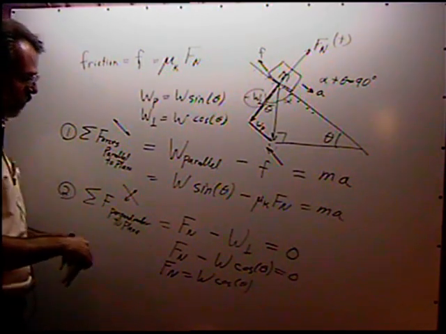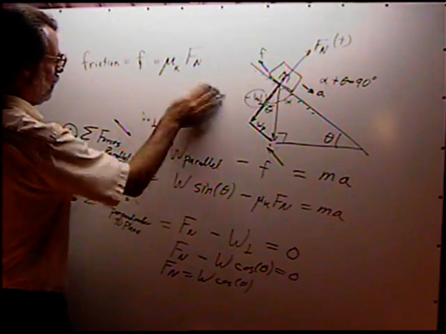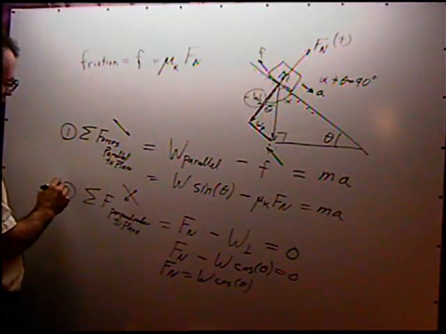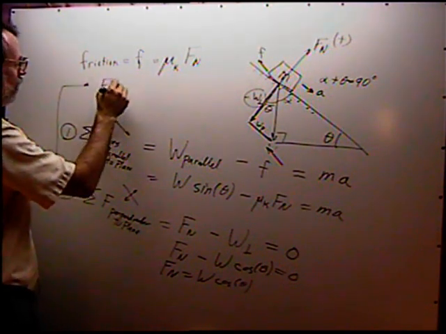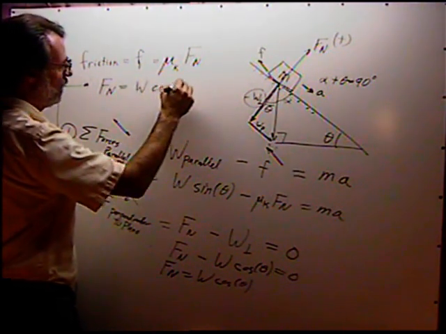Okay? So I'm going to erase this right here. The second equation allows us to solve for the normal force because we now know that the normal force is equal to the weight times the cosine of the angle.